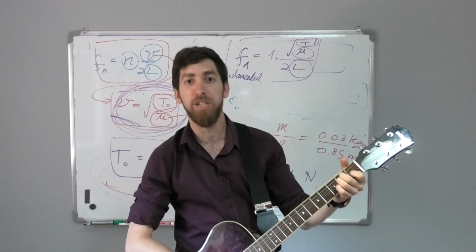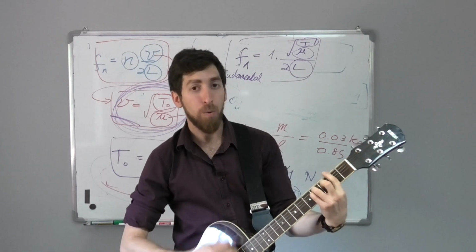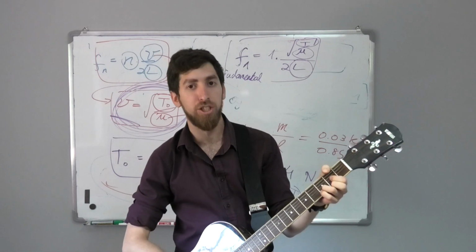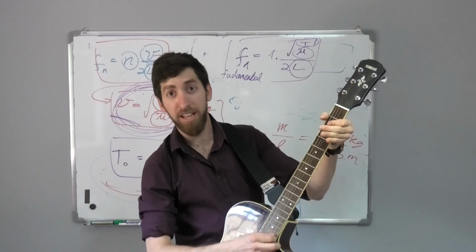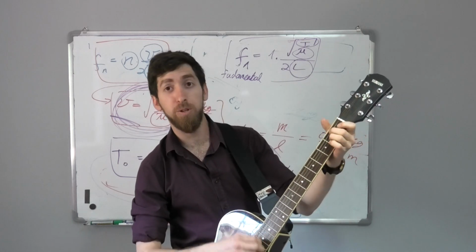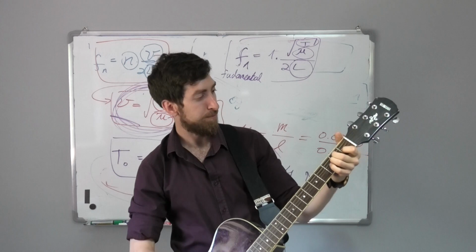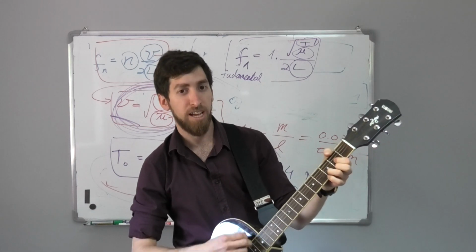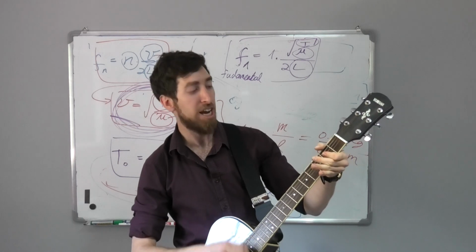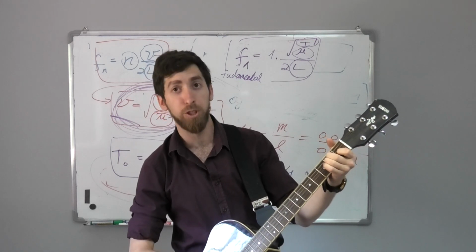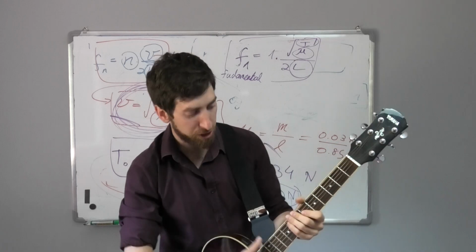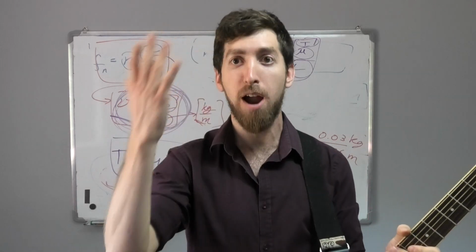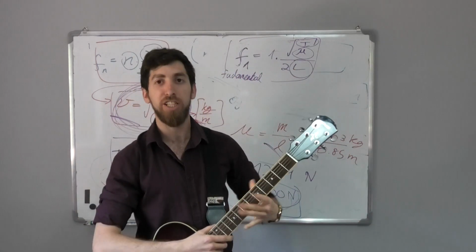When I play a lot of strings, I'm changing the length of the string. Another cool thing, I can pull and change the tension of the string. Okay, the string is like a spring. That's how I remember it. So I can change the tension.